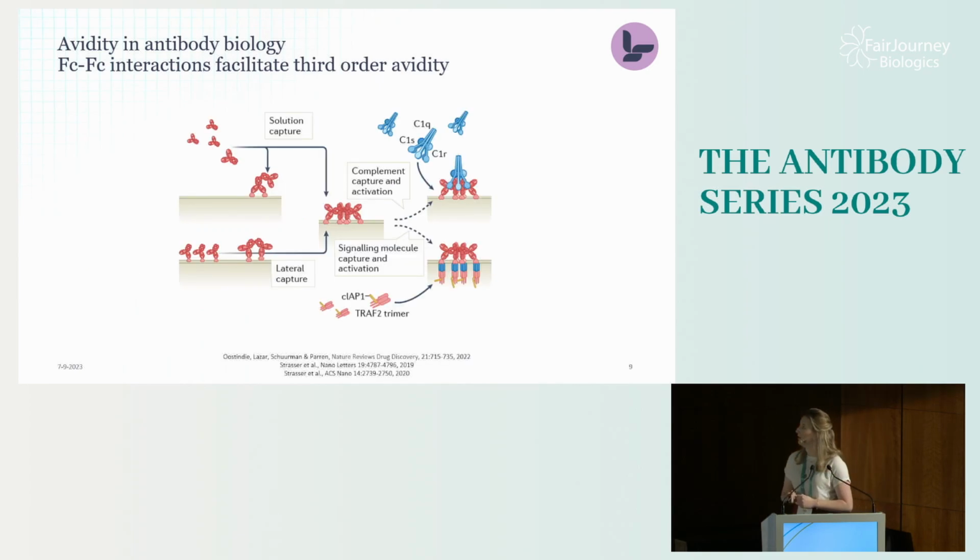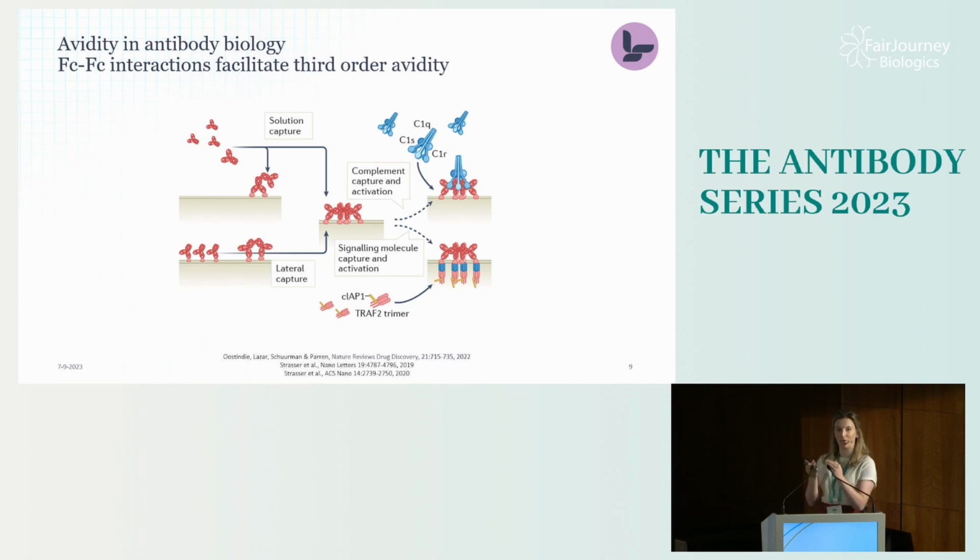So, and then at a later stage, it was really nicely shown by Strasser and team that actually the second-order avidity interactions that are involved in forming this hexamer formation actually occur through two distinct processes. So there's two clustering processes that are involved in this. One of these is solution capture. So the antibody is able to bind bivalently, and via the Fc can recruit other antibodies from solution. And then there's also a second process that's actually called lateral diffusion, and that's where antibodies bind monovalently to their target.